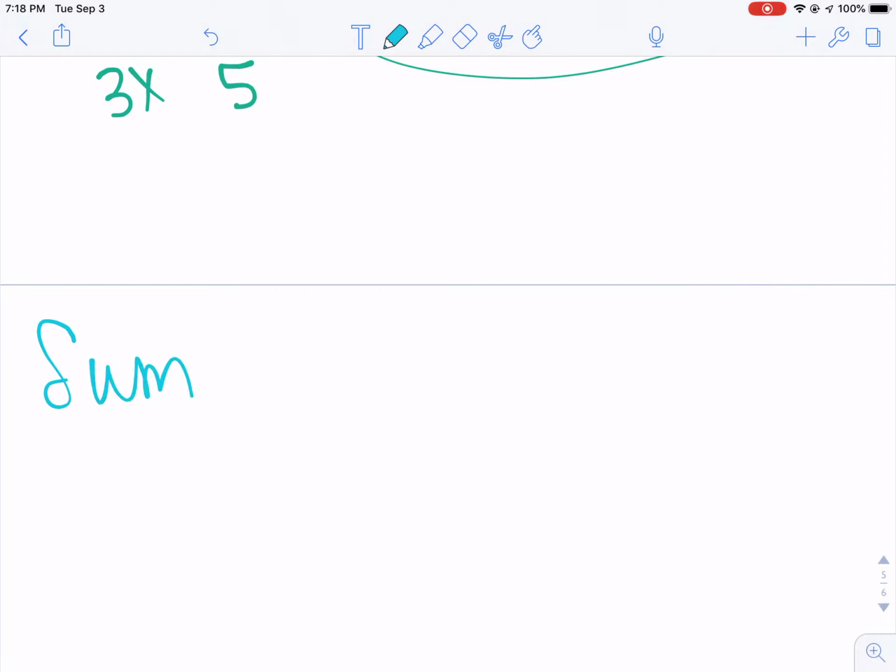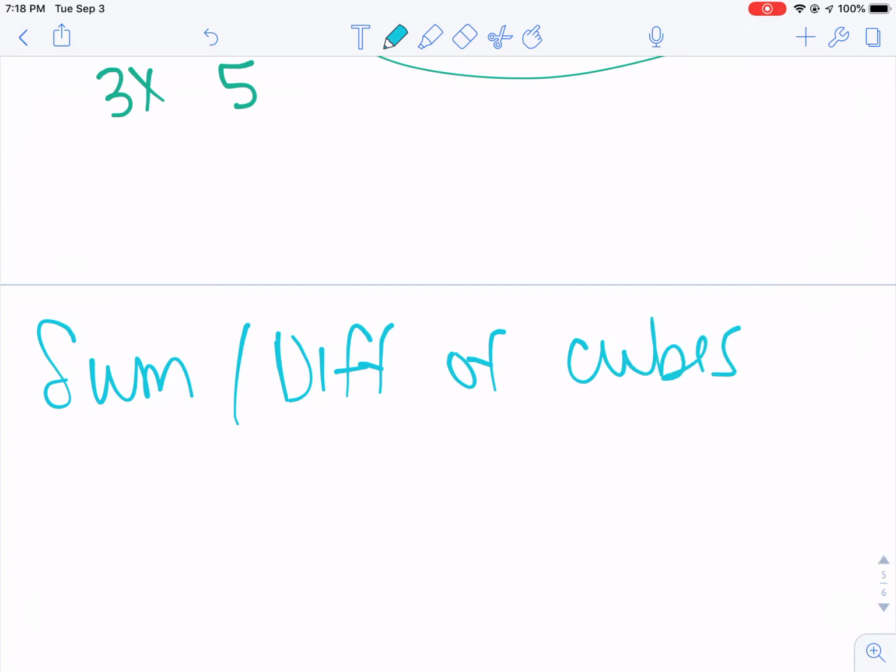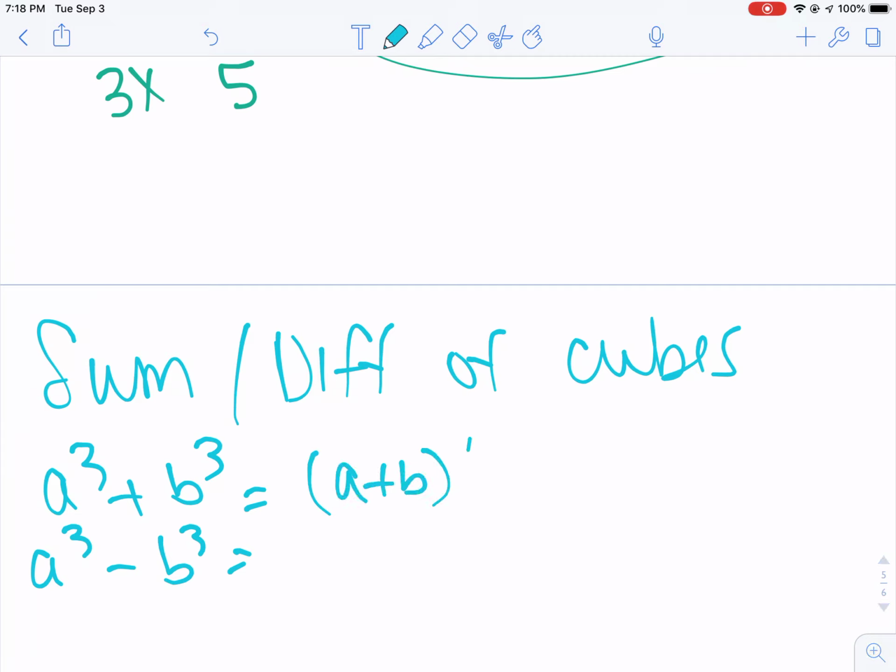Along those lines you have the sum or the difference of cubes. This is if you have a cubed plus b cubed or a cubed minus b cubed. The rule for this is a plus b, and then a squared minus ab plus b squared.